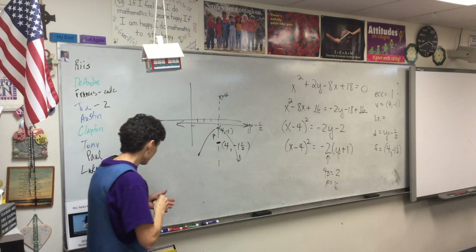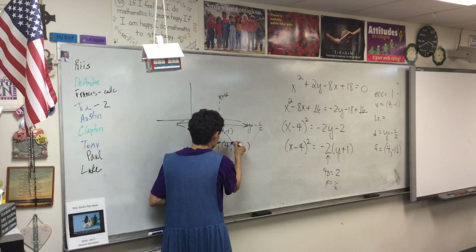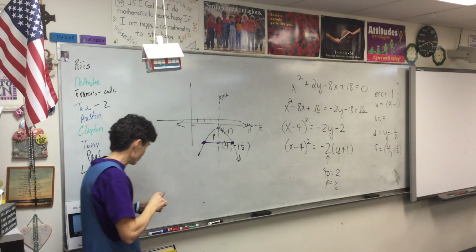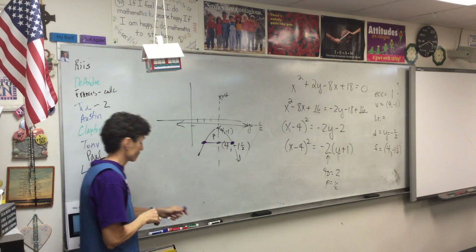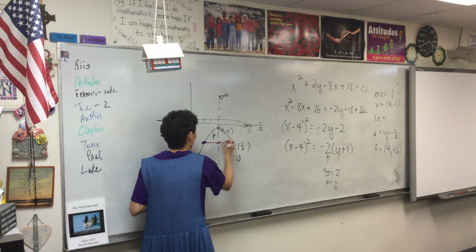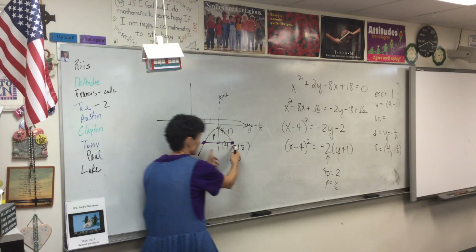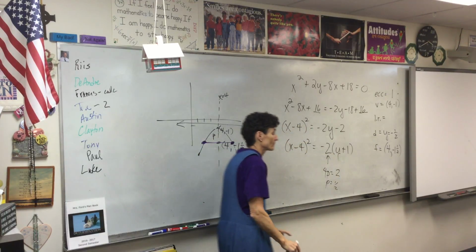Now, the latus rectum looks like this. Do you agree with me? I know that dot to dot, purple dot to purple dot, I know that distance is 2.